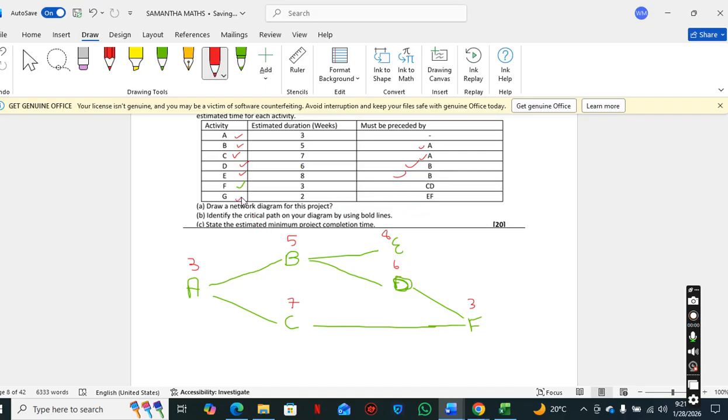Finally, we have activity G, which is preceded by E and F. So after E and F, you get activity G, which is 2 weeks. Any questions?